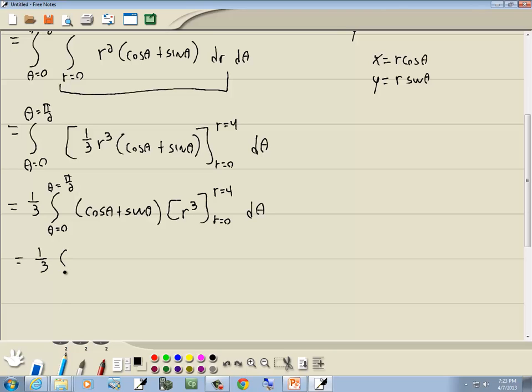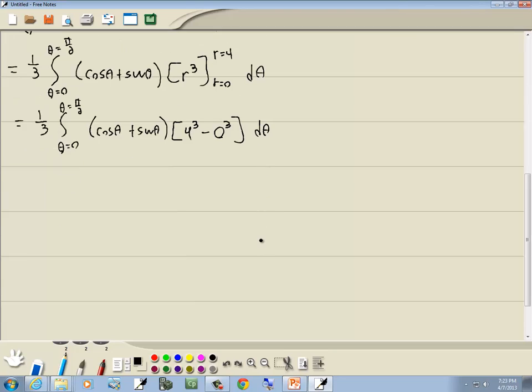This gives us 1/3, theta is equal to 0 to theta is equal to pi over 2, cosine theta plus sine theta. Put 4 in for r, so I get 4 to the third minus, put 0 in for r, so 0 to the third, d theta.